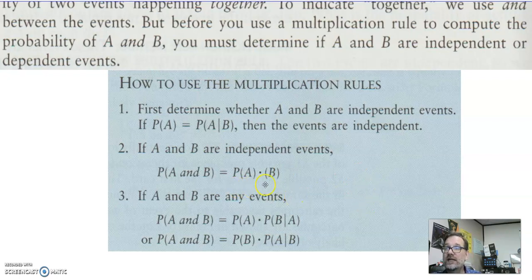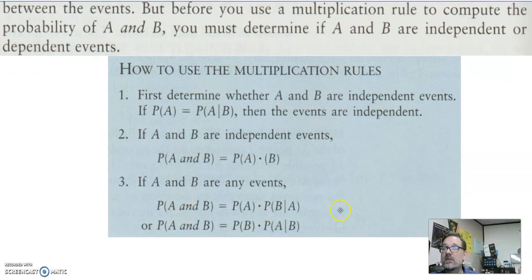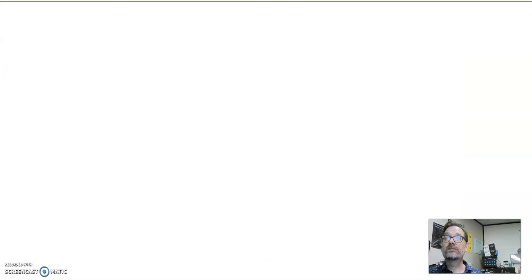When they are independent, I can multiply the individual probabilities together. And if A and B are dependent events, we would use this other one, because if A has already happened, then the probability of B changes.